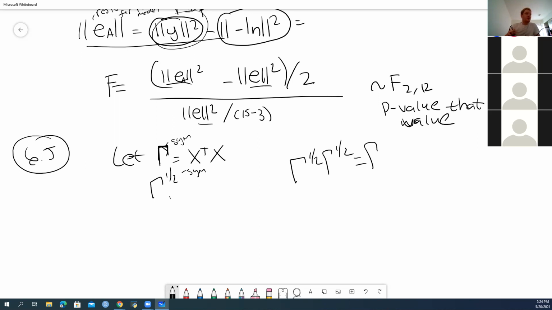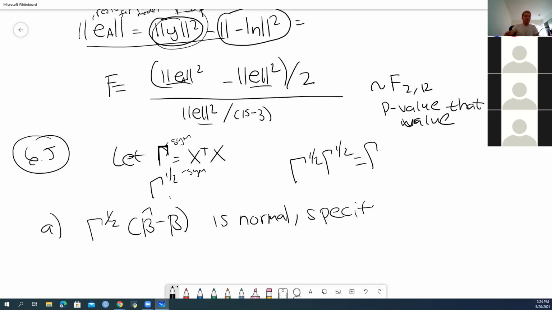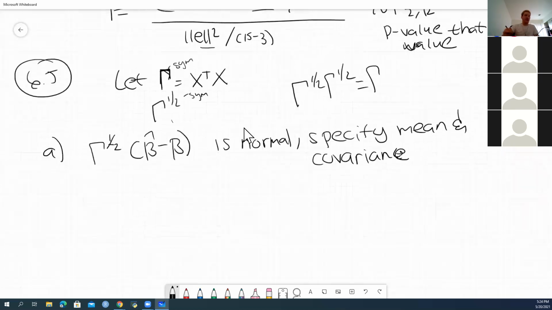Okay. So part A says, show that gamma 1/2 times beta hat minus beta is normal. Specify its mean and covariance. Well, before we do that, let's talk about what beta hat minus beta is distributed as.